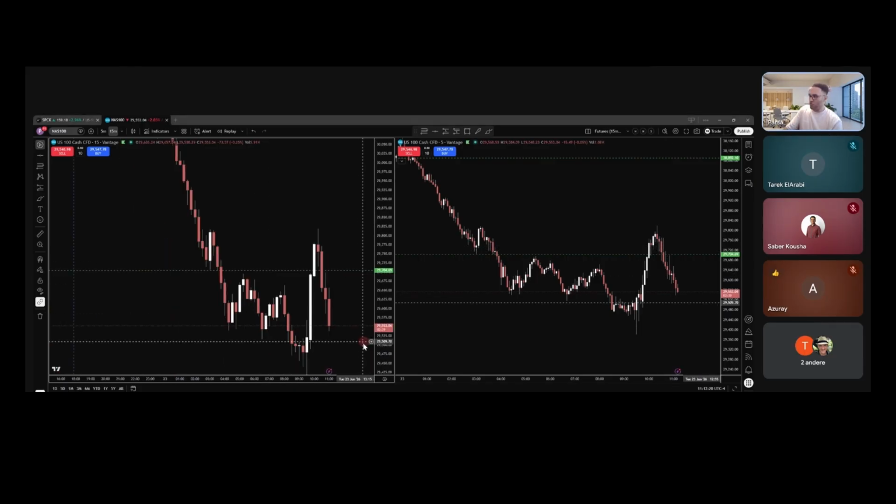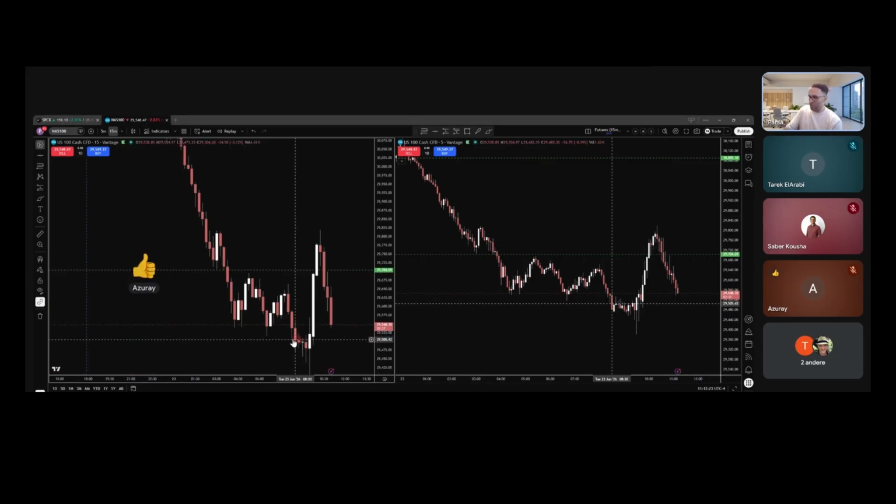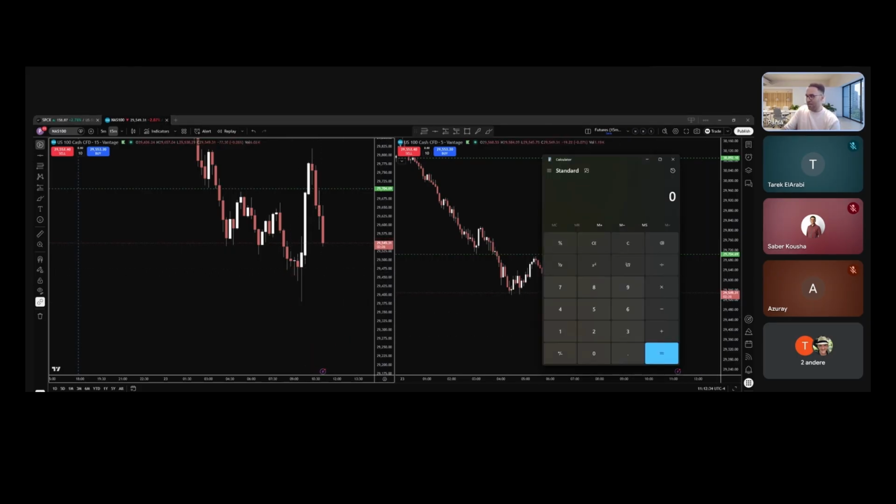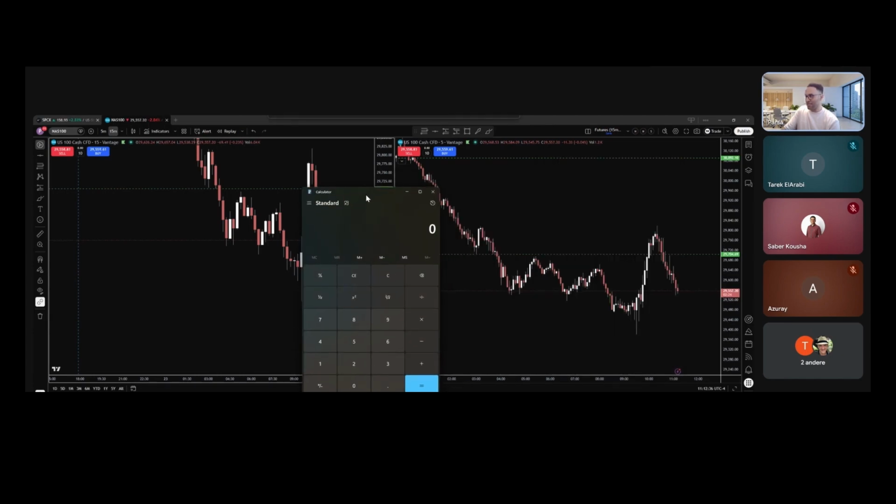Now I'm trying to catch, for example, that it couldn't break through that area here. Or maybe you say it will break. I'm not sure it will break that one. As you see here, we had it. The reason I took that 3, for me at least, is that it's an A++ setup.